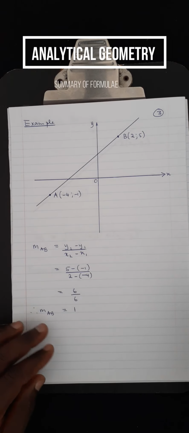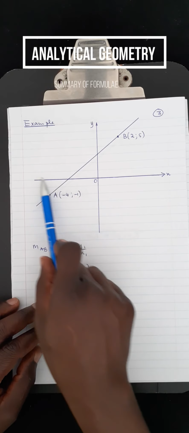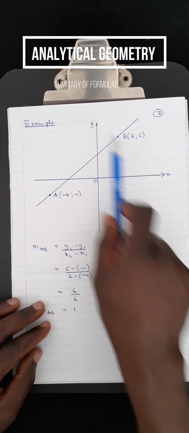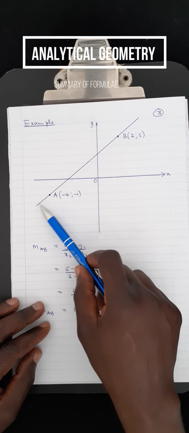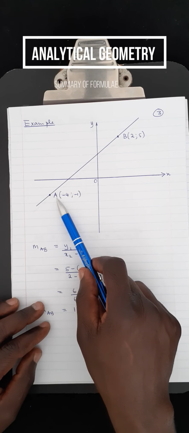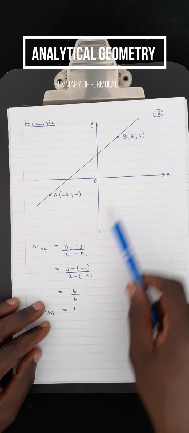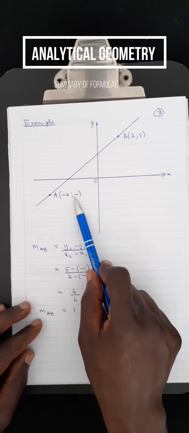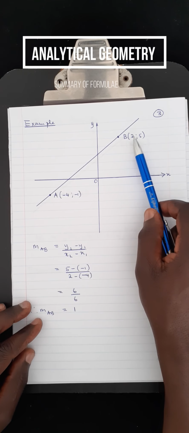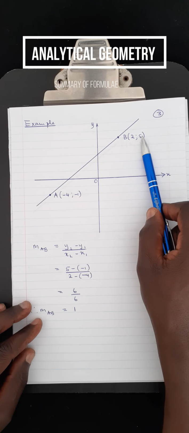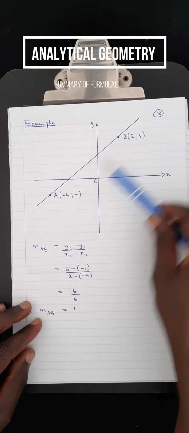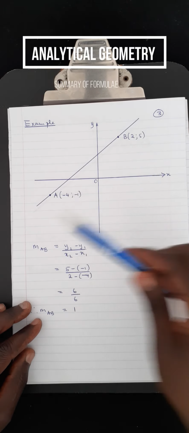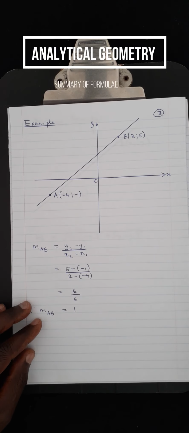So I've taken my Cartesian plane, x and y, and now I've given specific coordinates for point A and point B. A has coordinates -4, -1, and B has coordinates -2, -5. So grasp these two coordinates. I'll be using these same coordinates in the future examples that we are going to work with.